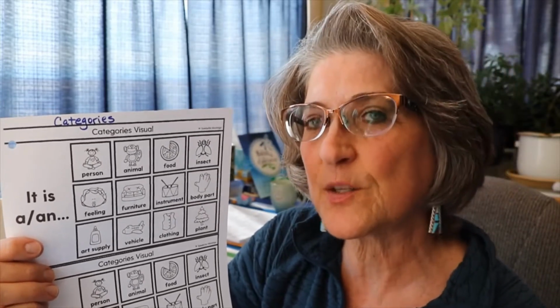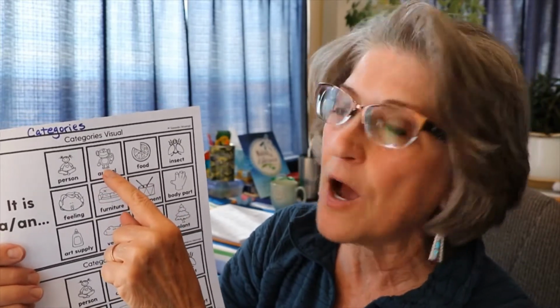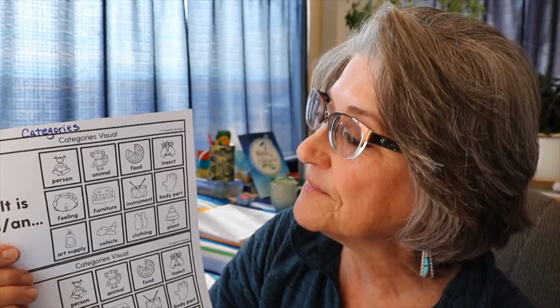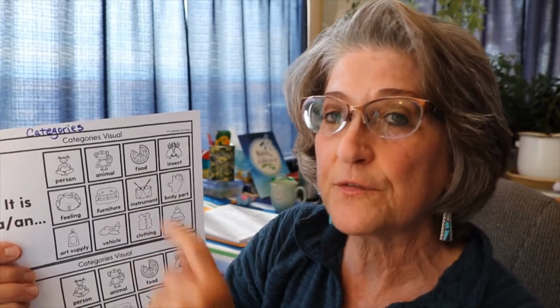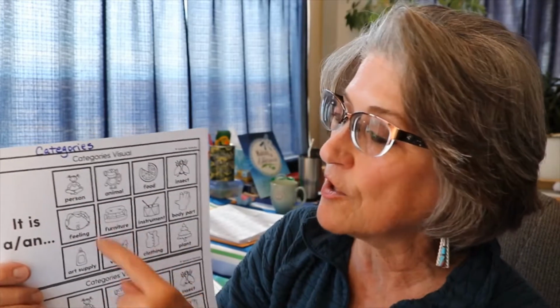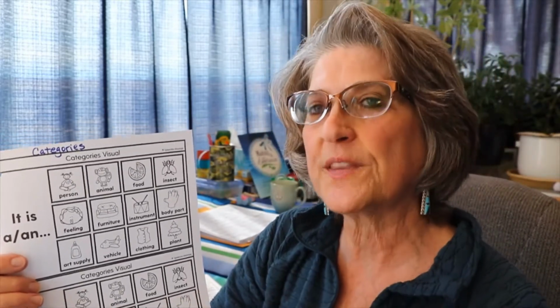Your sister is a person. You could point out a monkey is an animal. You could point out this is food. And this will go along with the different lessons. As you work your way through the lessons every week, the lessons will match the categories as well. You could ask your child, for example, this is a food. Pizza is a food. Can you name 3 other foods? And so you can really work with categories.